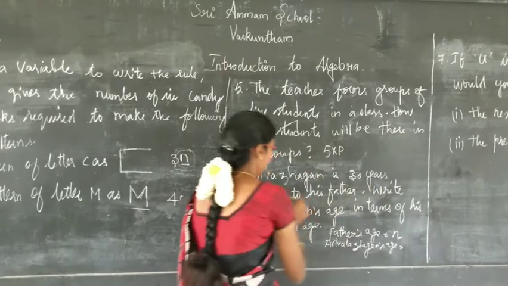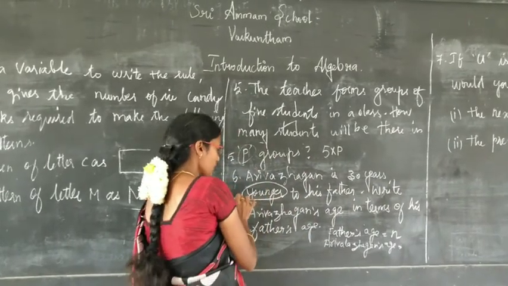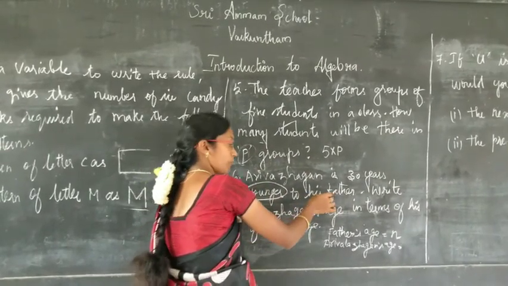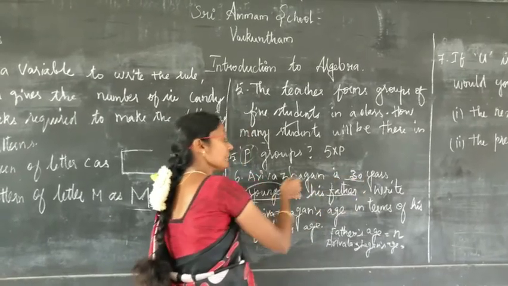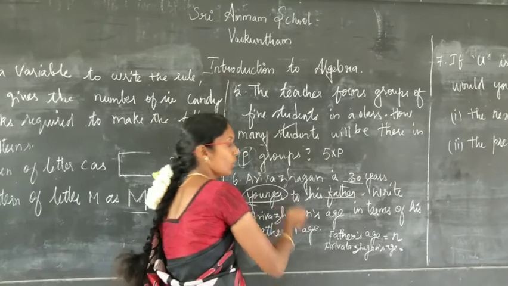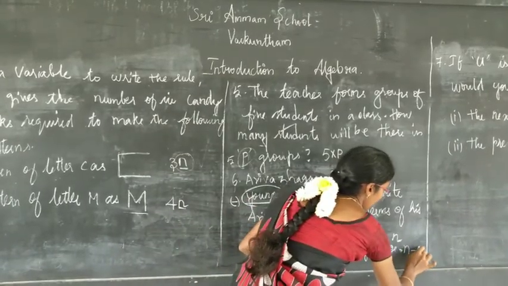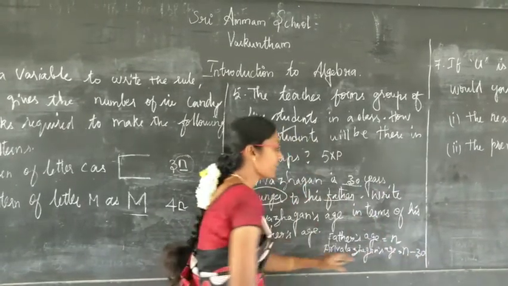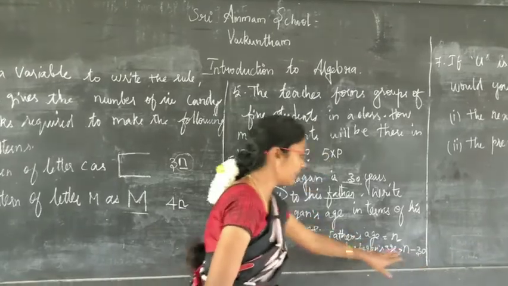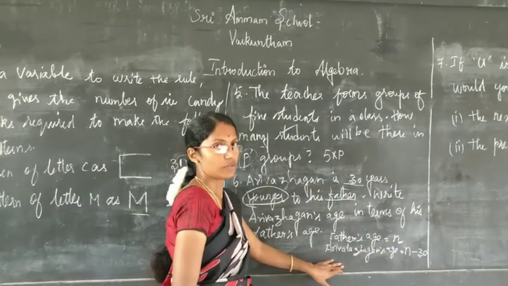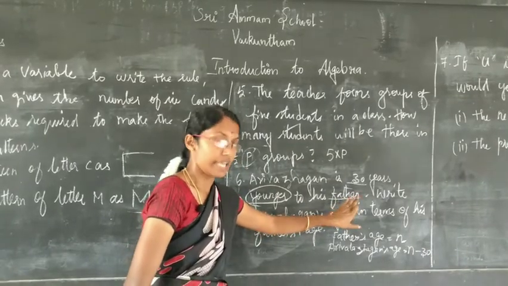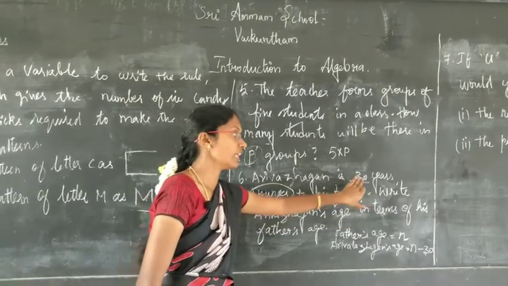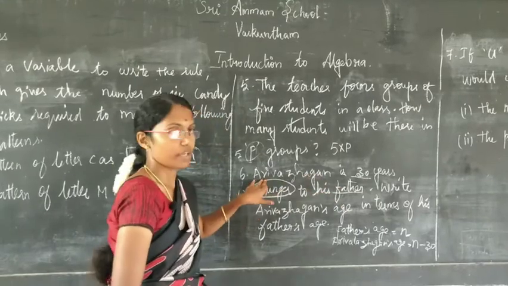Younger means you have to subtract 30 from the father's age to get Arivalagan's age. So n minus 30. How do you understand? Father's age is n. If you subtract 30 from n, you will get Arivalagan's age.